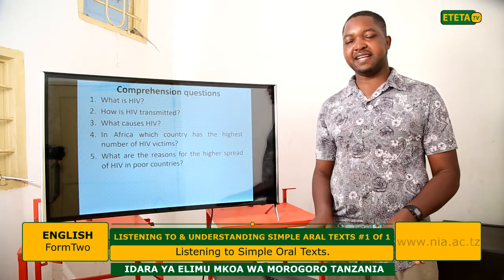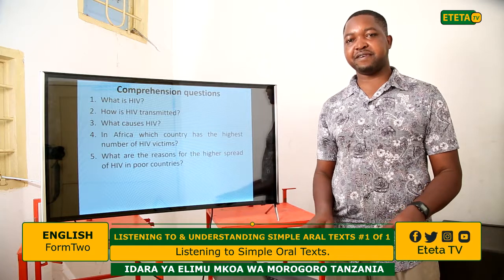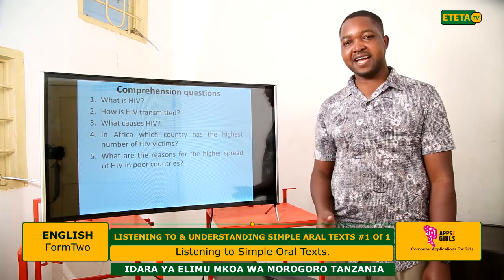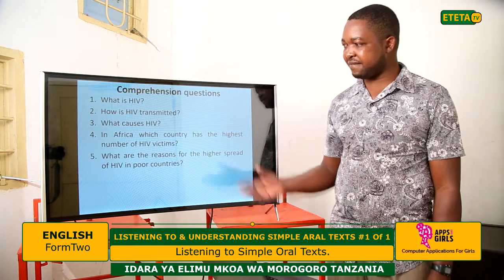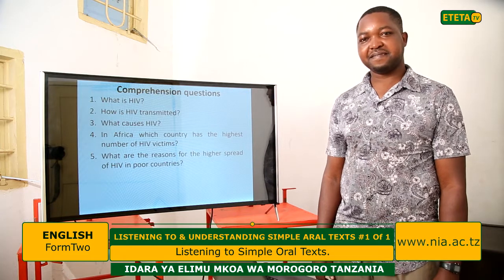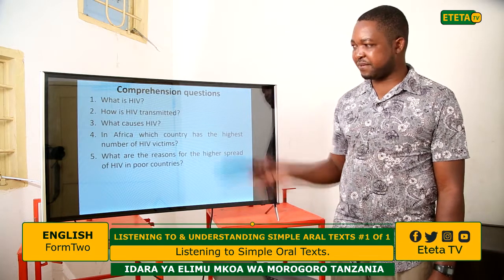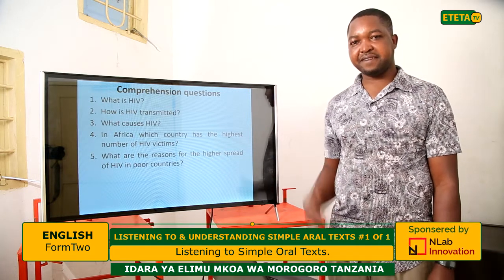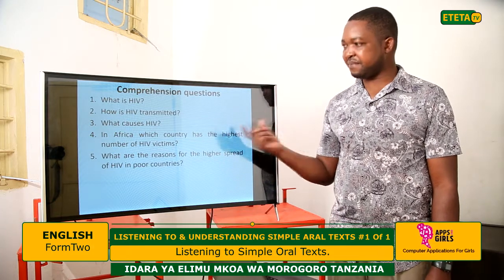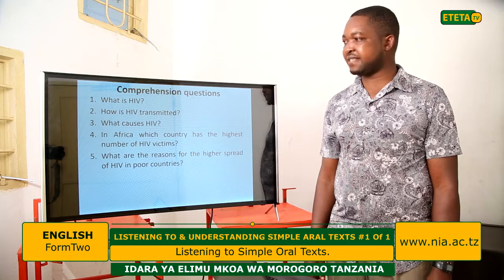Very simple indeed. And I'm sure that even some of you have already answered them. Now, do you have the answers for the questions displayed on the screen? Take time to go through the questions. If you have read the text, you should be able to answer them.